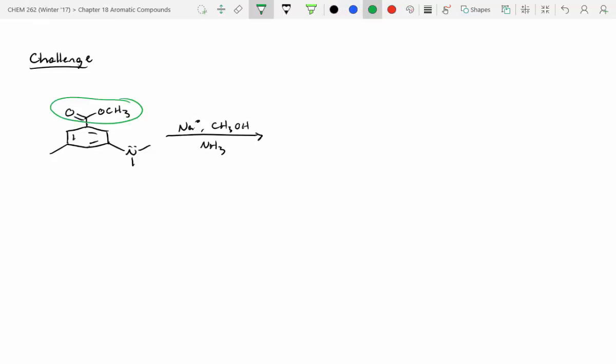And I'm just going to circle our substituents, and then we can go through and label them as electron donating or withdrawing, kind of like we did previously.